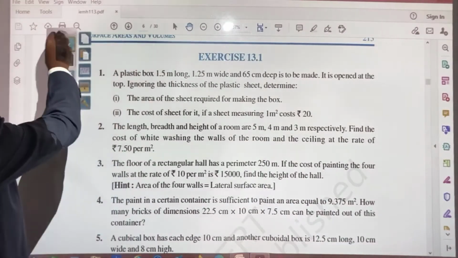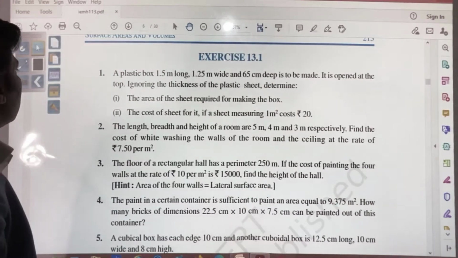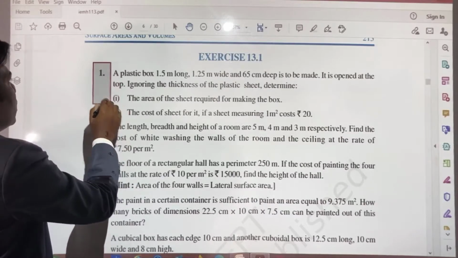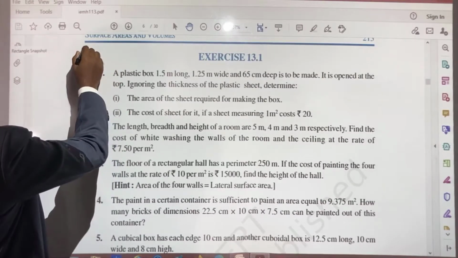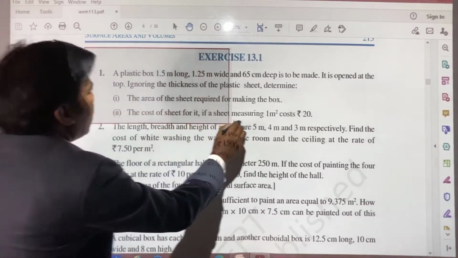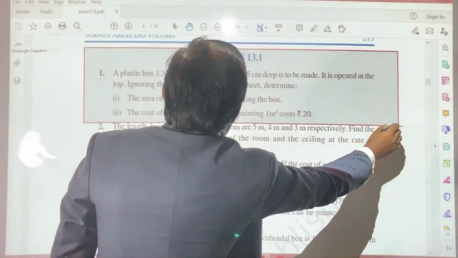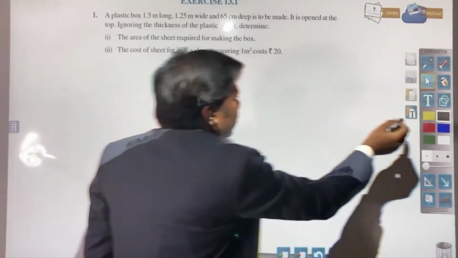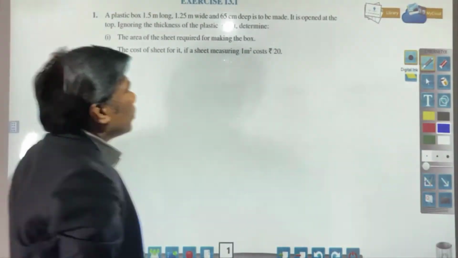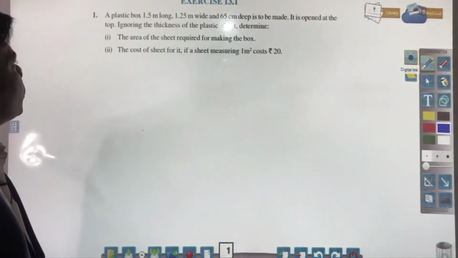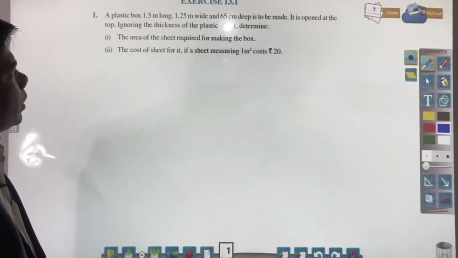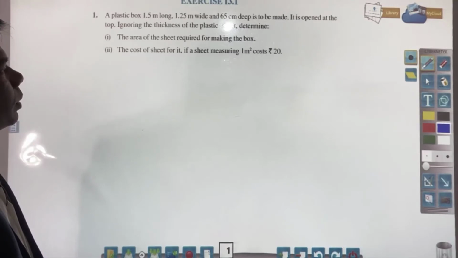Here we have the first question. A plastic box 1.5 meter long, 1.25 meter wide and 65 centimeter deep is to be made. It is open at the top.